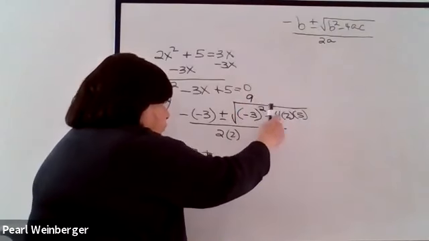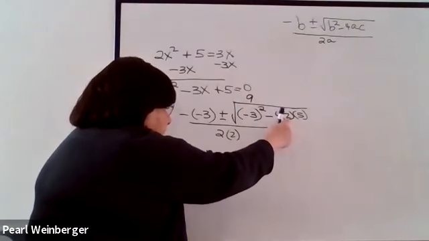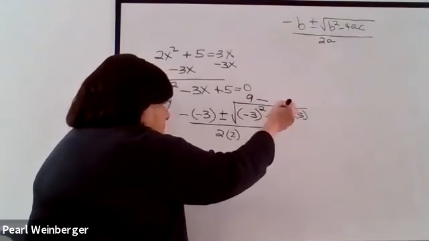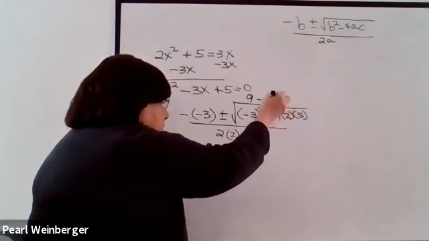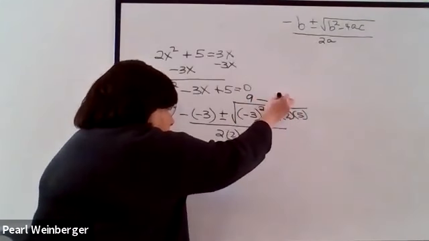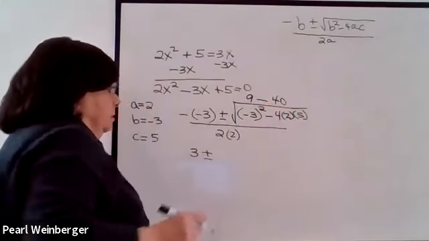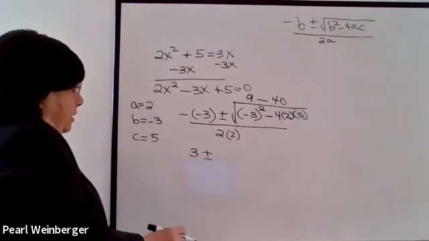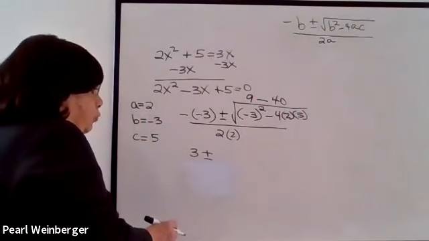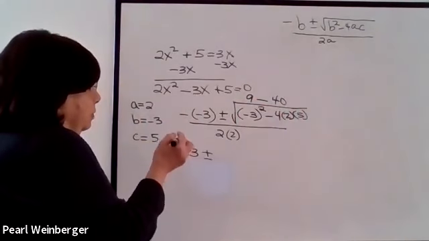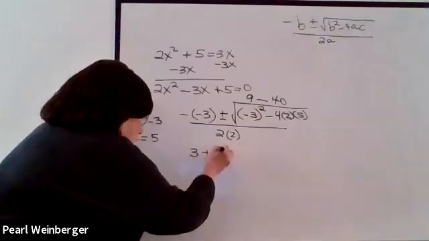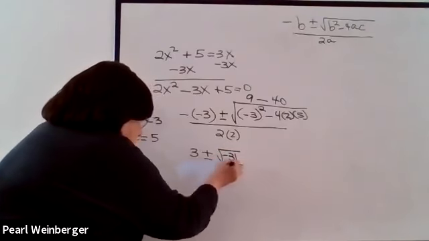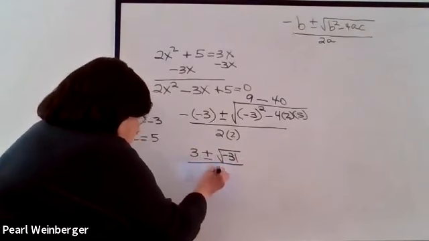And it's minus 4 times 2, which is minus 8. Minus 8 times 5 is minus 40. Four times 2 times 5 is 40. And 9 minus 40 is negative 31. And that's all over 4.